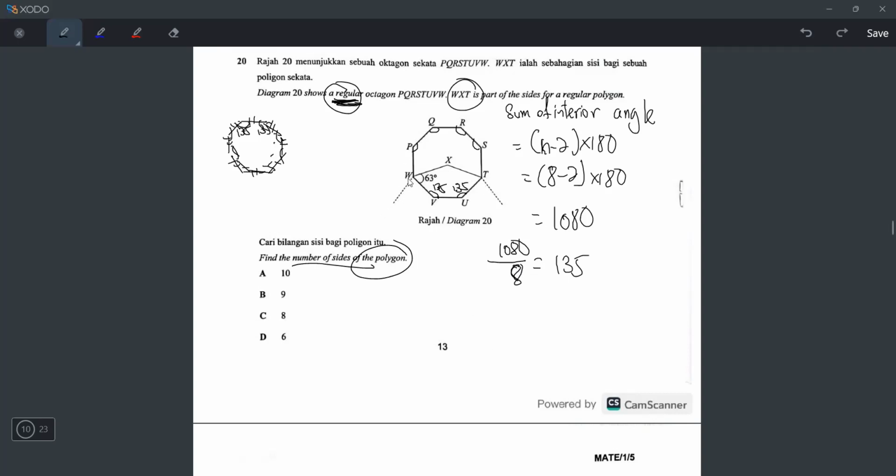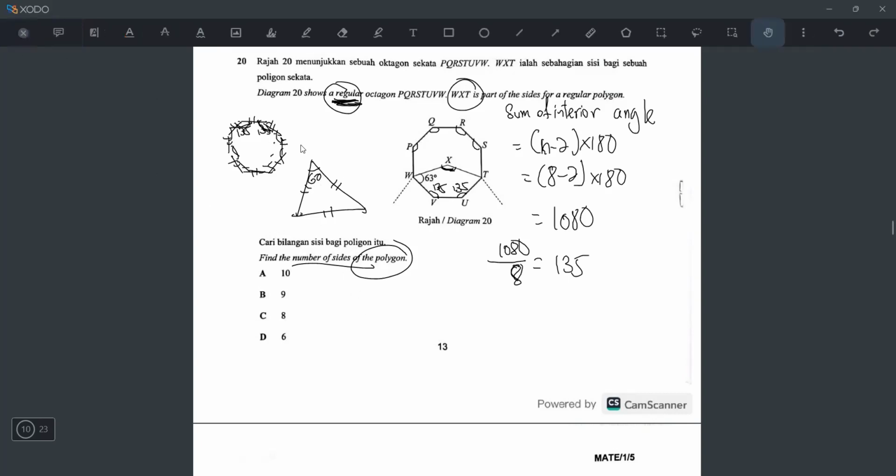So if I want to know the number of sides of this polygon, first I need to know the angle here first. Like the angle which is inside each. Okay. For example, if it's a regular triangle, and if I tell you it's 60, you automatically know it's a triangle.